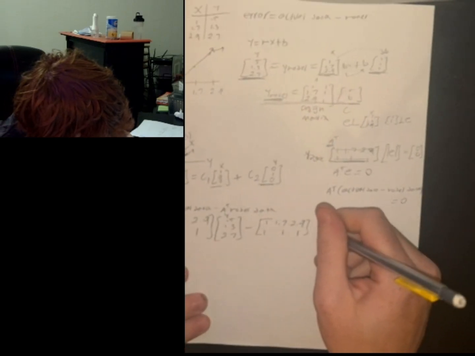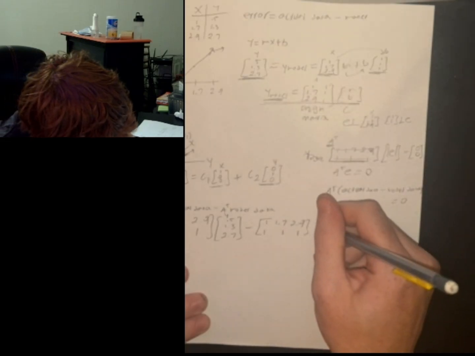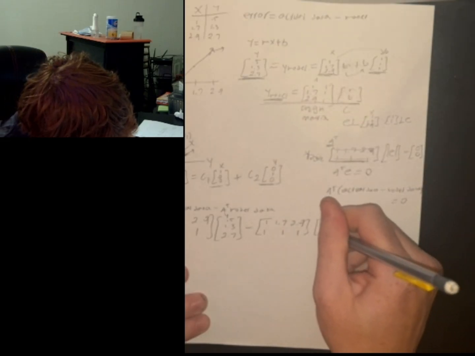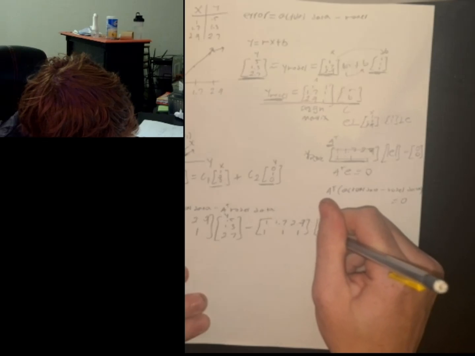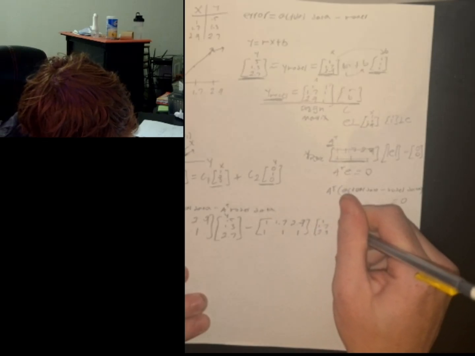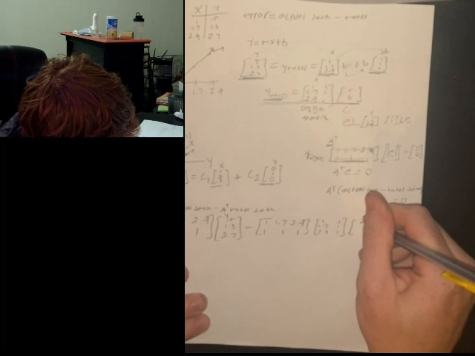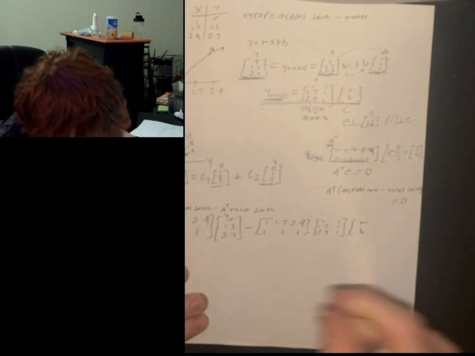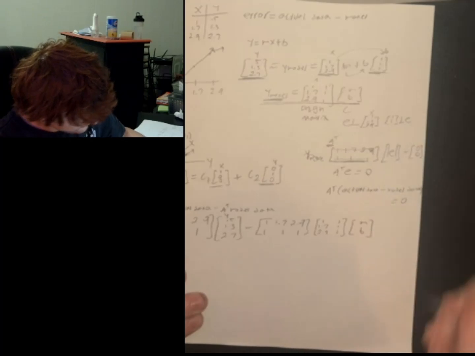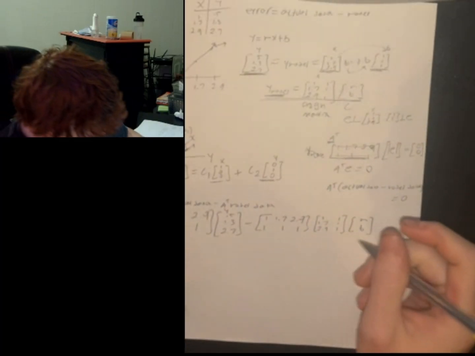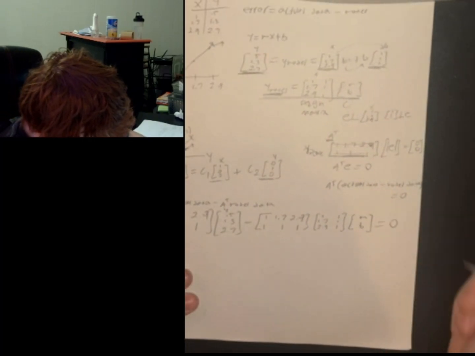And then we have our y model, which is our A, which is 1, 1.7, 2.9, 1, 1, 1, and then our coefficients, which are M and B. And this is all equal to 0.